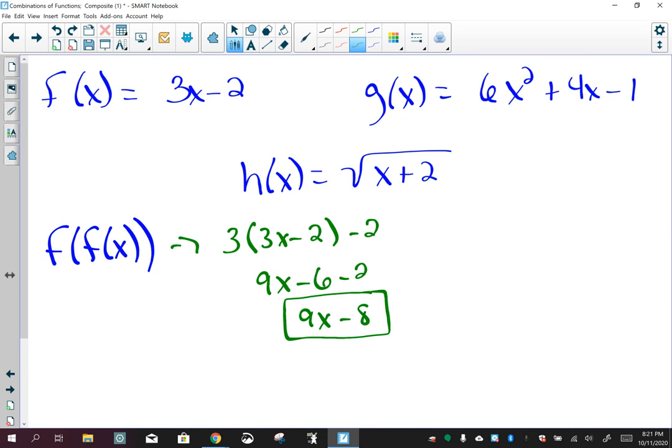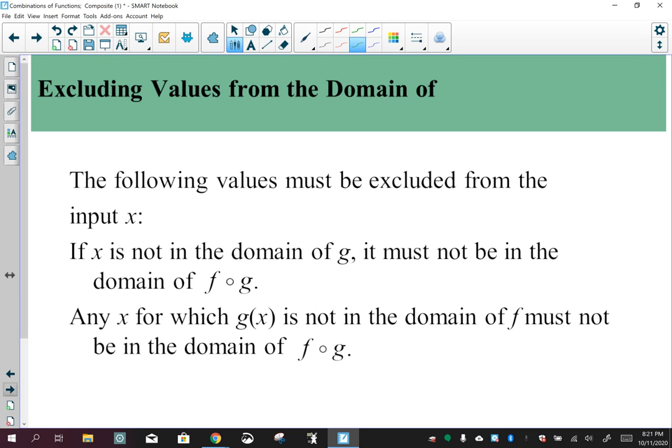So the last thing we're going to quickly talk about is your exclusion values when we deal with compositions. The following values must be excluded from the x input. If x is not in the domain of g, it must not be in the domain of f of g.